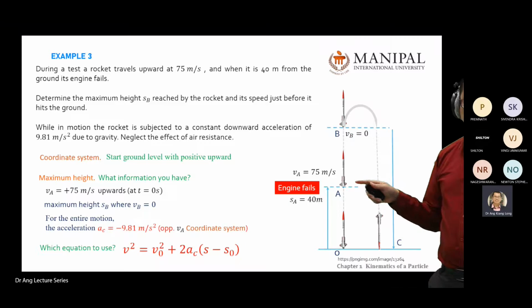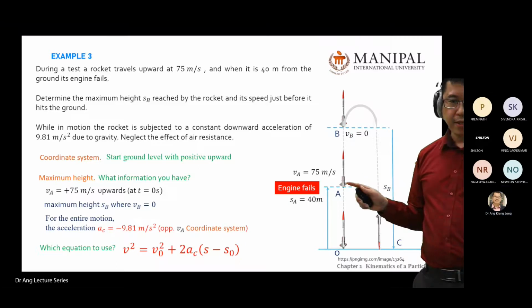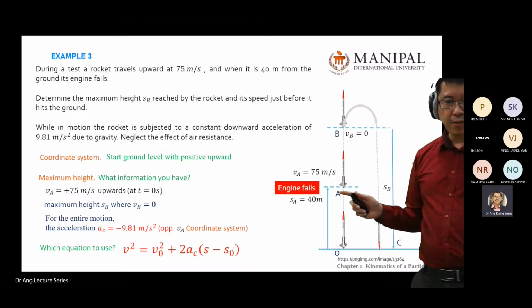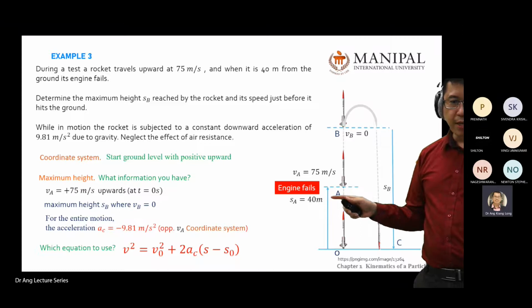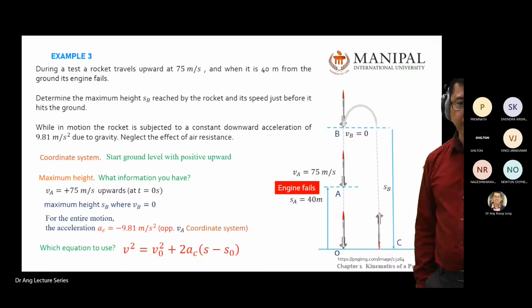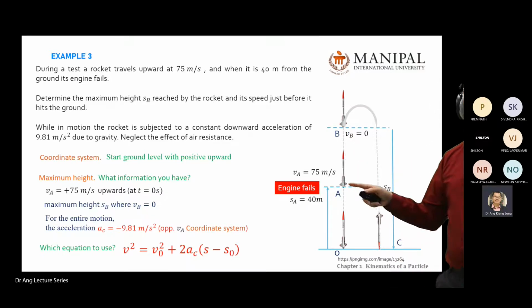So you link the information at A as t0. In this question, you only look at this position and this position. What happened from this point to this point? Because you know the height of this point.